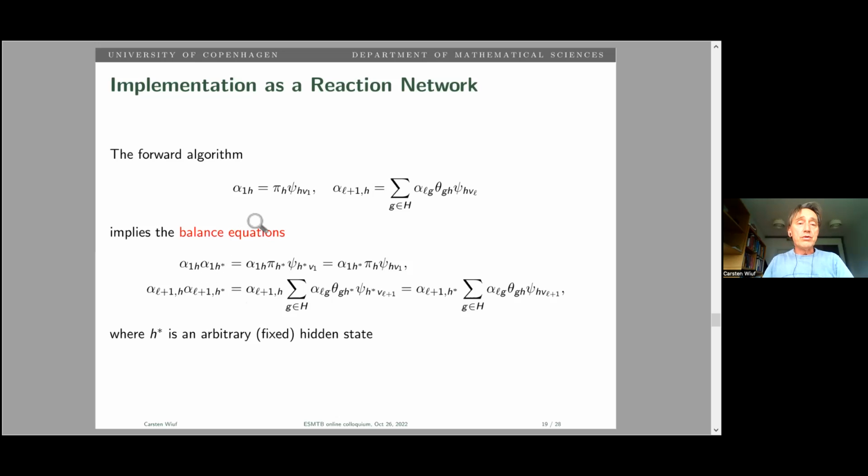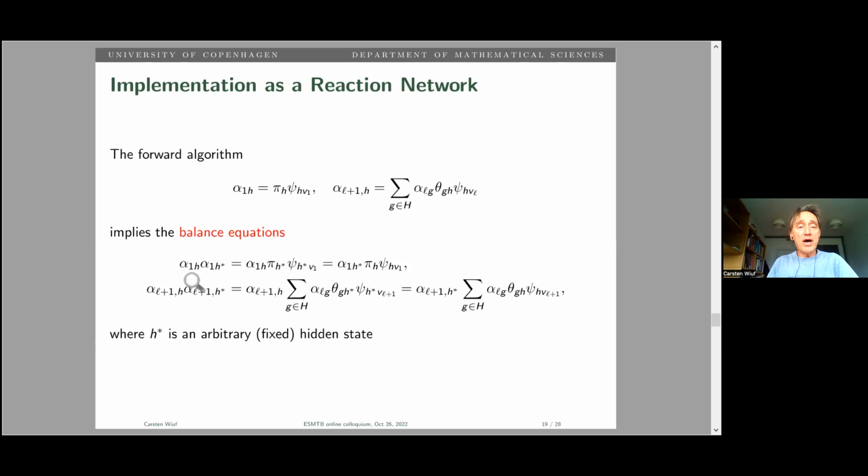So to do that, I would focus on the forward algorithm and just explain a little bit about the reasoning, how we get the reaction network without leaving out many of the details. So the forward algorithm looked like this. There was an initialization, and then there's a recursive step. And if you look at these two, this forward algorithm, you would see that it implies what we call the balance equations.